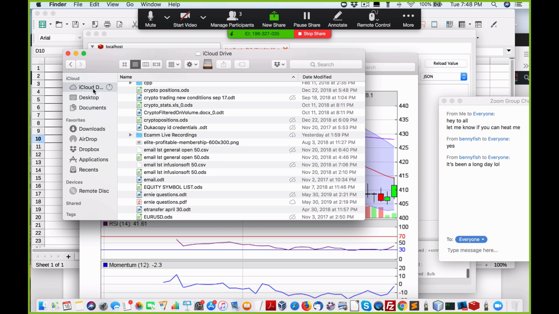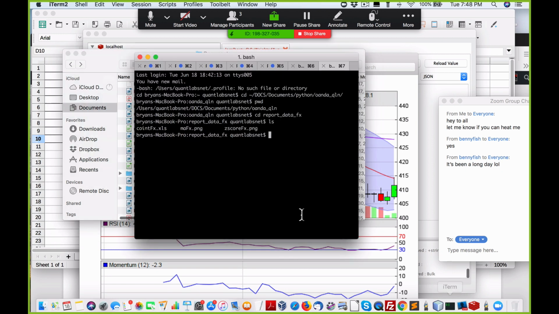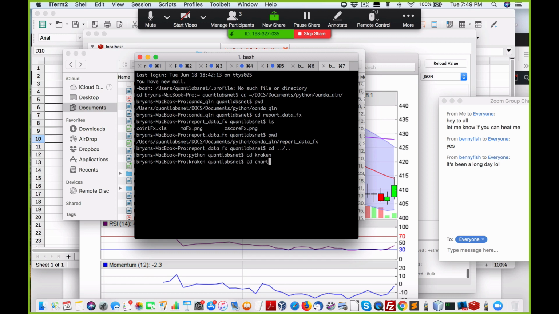Alright, so as I was saying about the Fibonacci levels, sometimes it's faster than the console. Okay. So I'm just going to my Kraken directory here. And I believe we want chart.